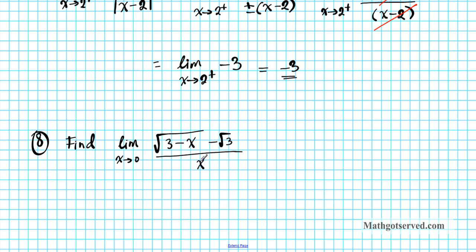So this is an example where we have to rationalize the numerator. Okay, so to rationalize the numerator, we'll multiply the numerator and the denominator by the conjugate of the numerator. You get the conjugate of the numerator by switching the sign in the center, in the numerator and also in the denominator.